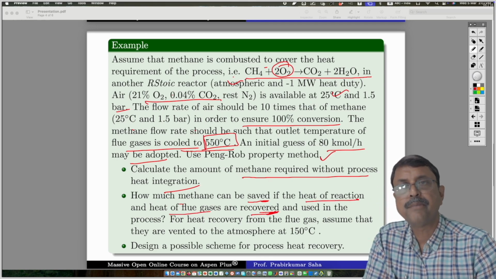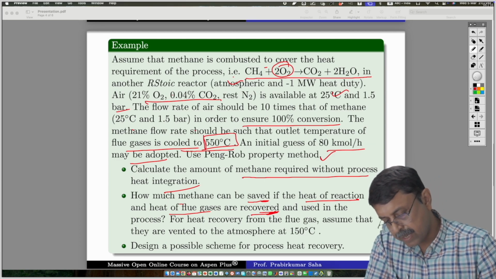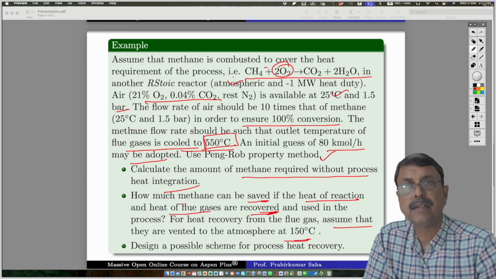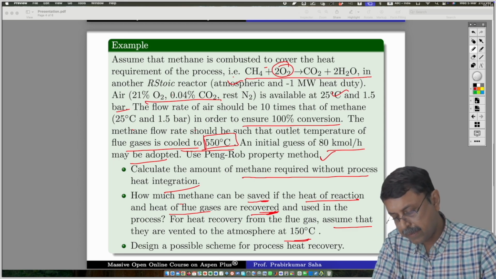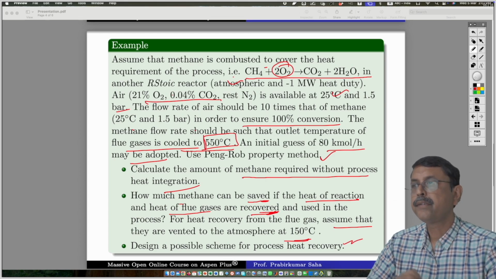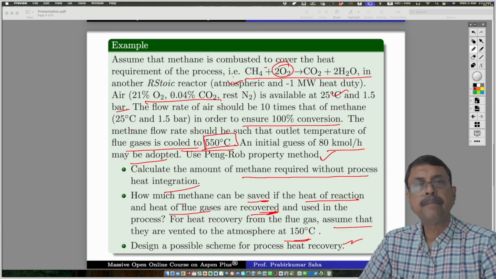That means some sort of process heat integration is suggested over here. For heat recovery from the flue gas, assume that they are vented to the atmosphere at 150 degrees centigrade. And finally, design a possible scheme for process heat recovery. Okay. So this is the total example problem.